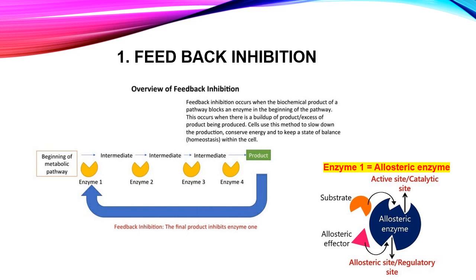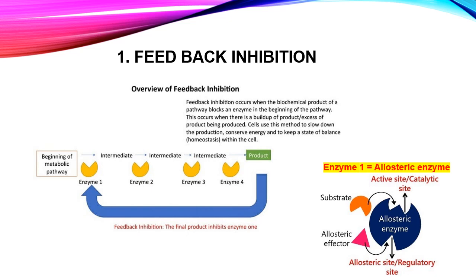Therefore, what happens when enzyme 1 becomes inactive? The other enzymes, enzyme 2, 3, 4, will remain active. Only the enzyme 1 is inactive because it is inhibited by the end product of this cycle.